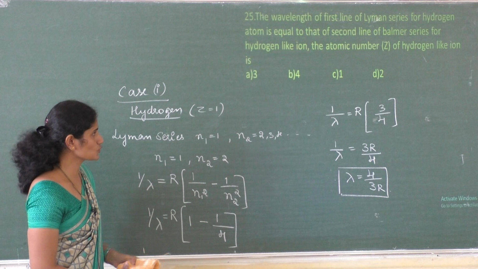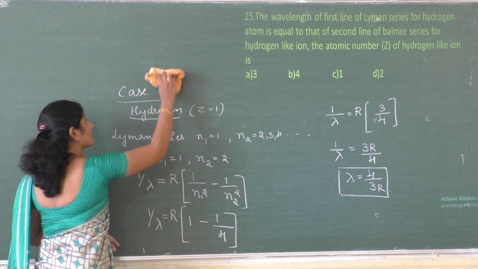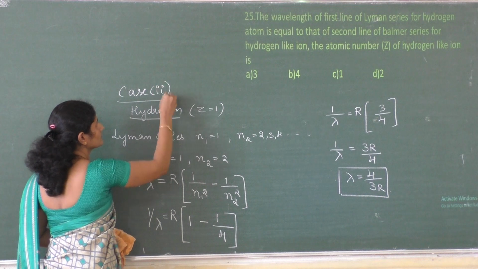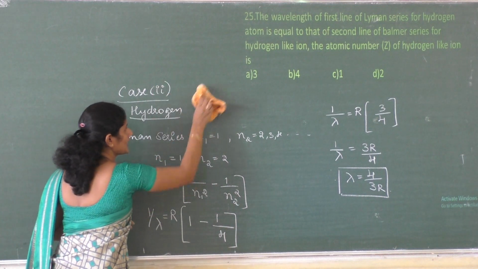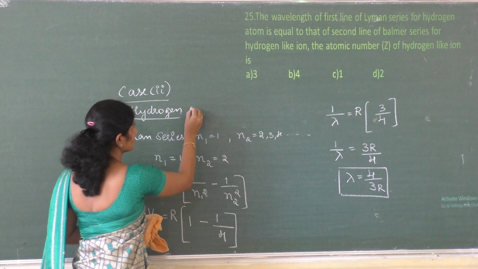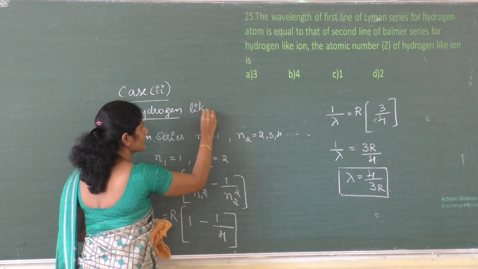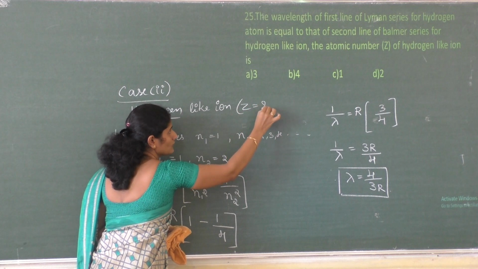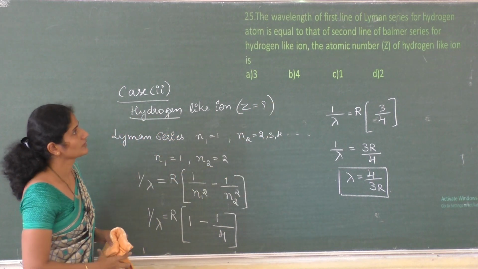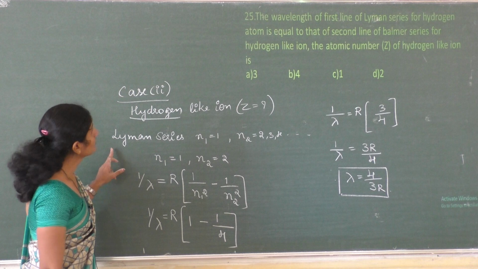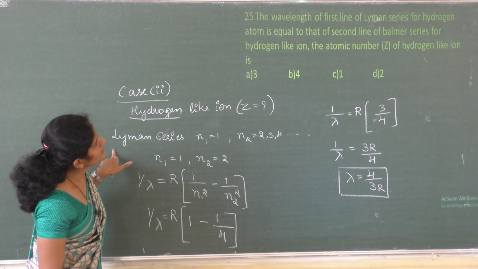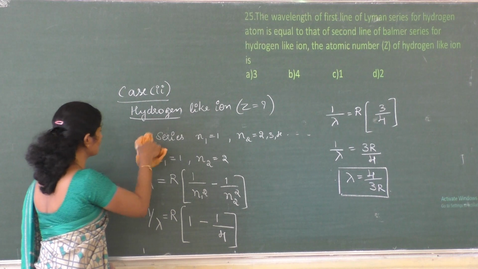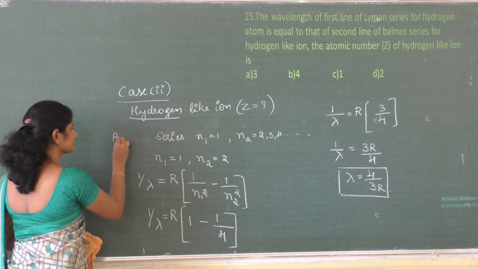Now, for case 2, hydrogen-like ion. We don't know the value of Z. Second line of Balmer series.